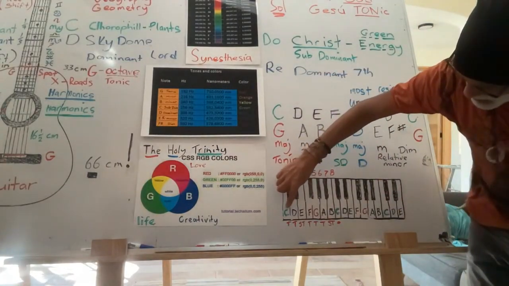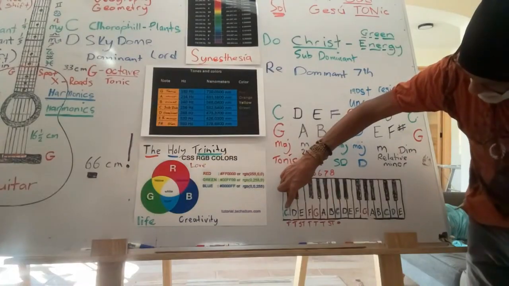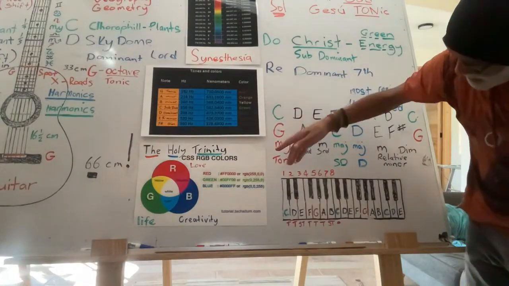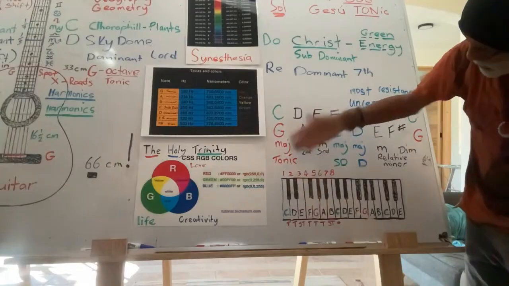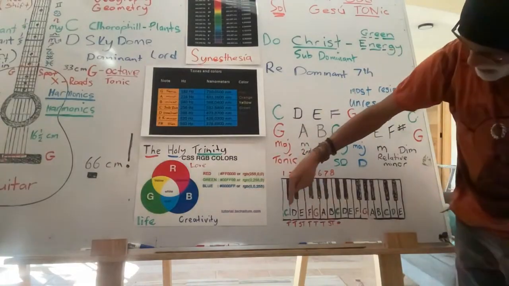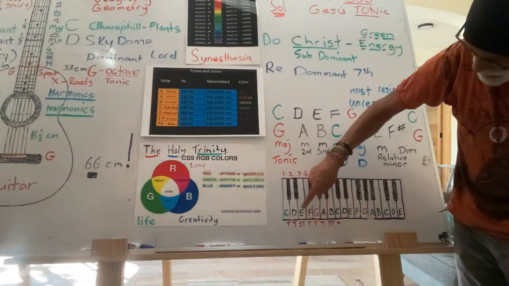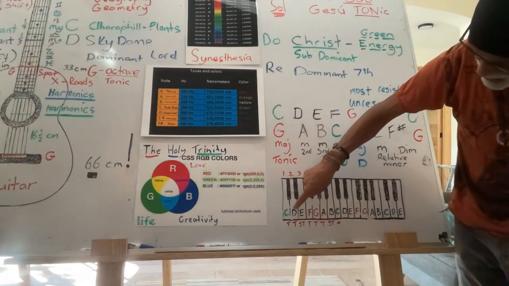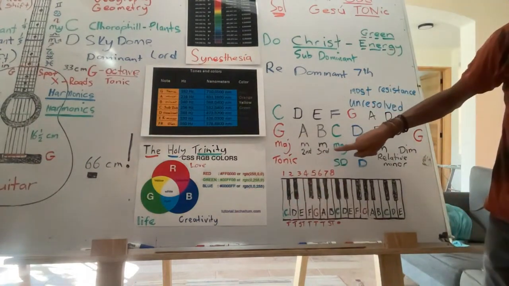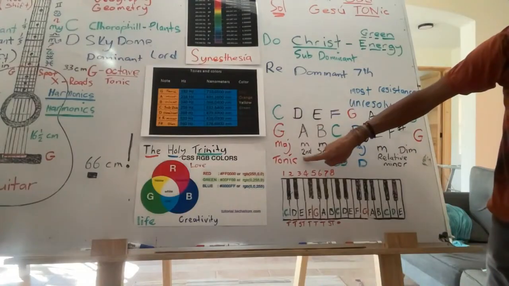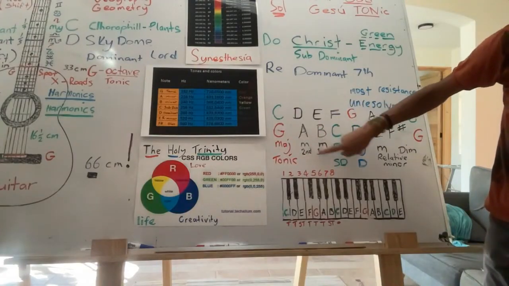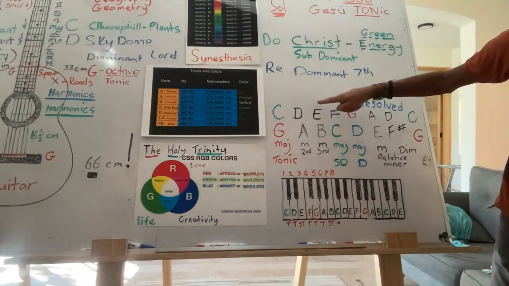So C is the 1st. So in the key of C, we're going to do all this in the key of C. So that's the 1st, 2nd, 3rd, which will be minors. The 2nd is always a minor. The 3rd is always a minor.